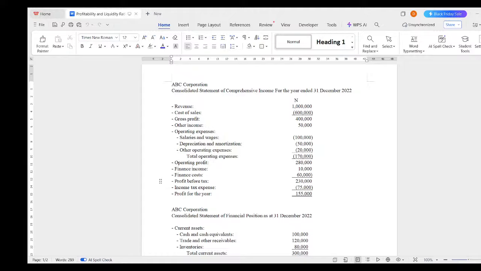Depreciation and amortization 50,000. Other operating expenses 20,000. Total operating expenses 170,000. Operating profit 280,000.